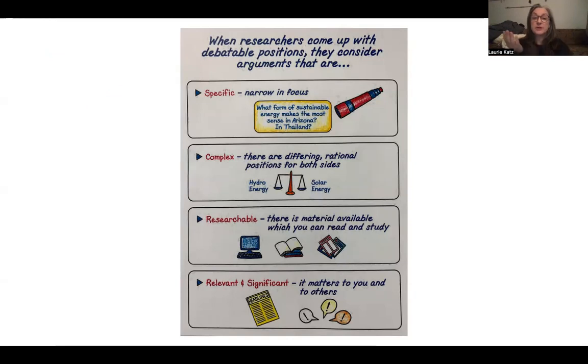There could be differing rational positions for both sides, such as free speech. When is it okay to limit someone's free speech? Well, there could be very rational reasons why you might not want a 10-year-old to have the same free speech rights as a 40-year-old. So that could be rational. There could be very good reasons.